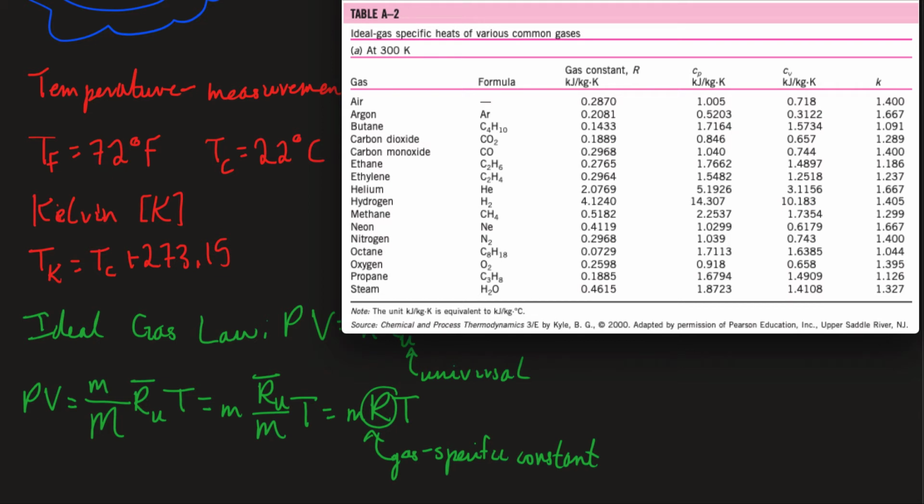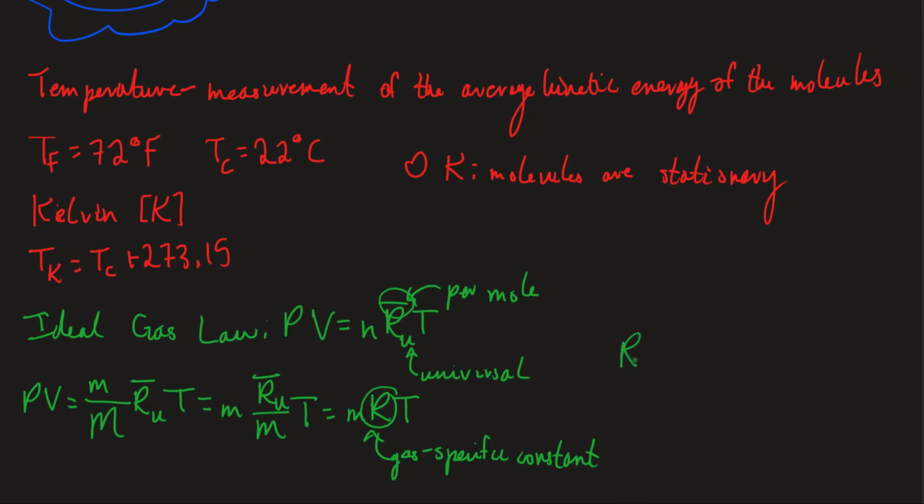So for example, for air, you'll see that its gas constant is 0.287, whereas for oxygen, it's around 0.26. So we'll remember this gas-specific constant of air for later use. So it's 0.287 kilojoules per kilogram Kelvin.